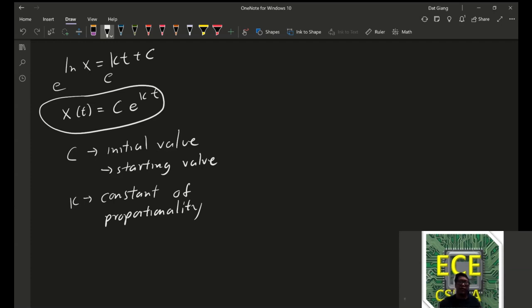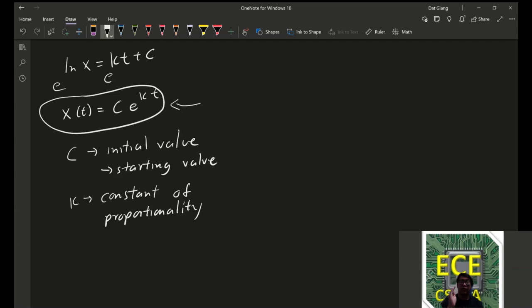So as such, under the condition that the constant of proportionality is non-zero, positive or negative, the differential equation that models a lot of exponential growth and decay systems is given by this differential equation.